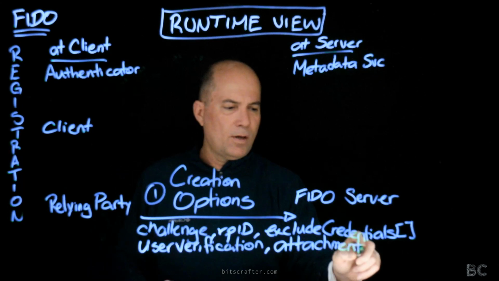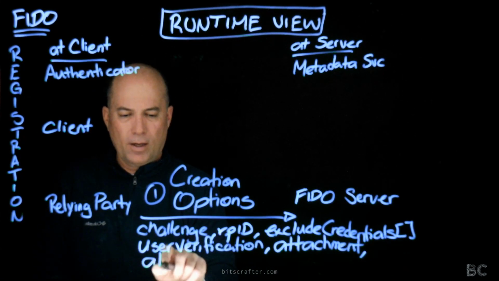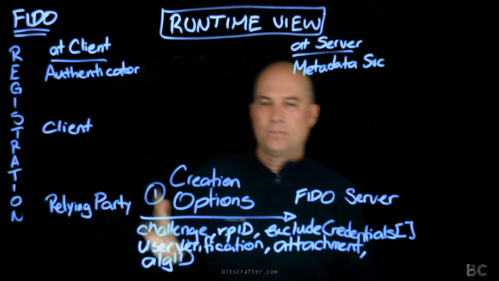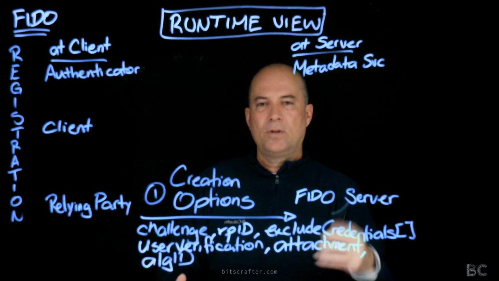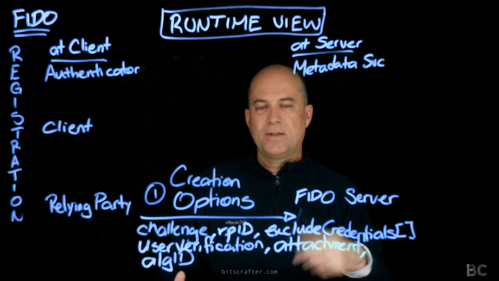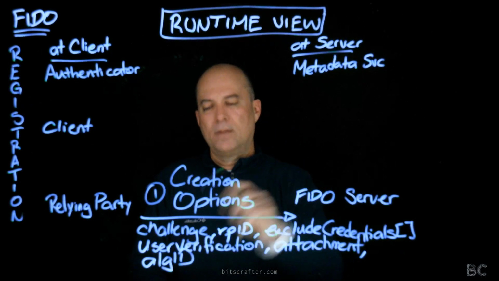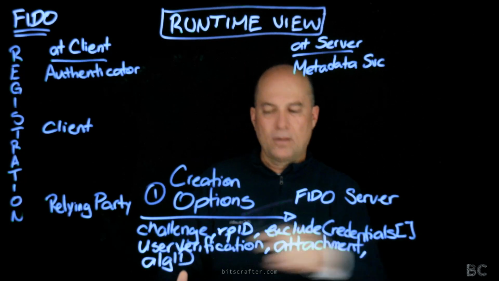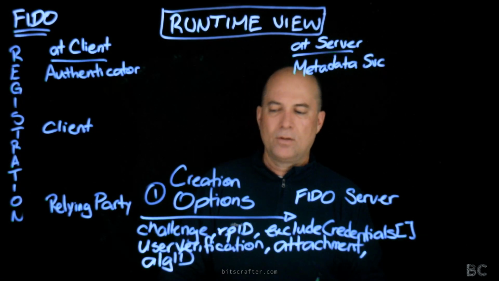Another parameter is the algorithm ID. So at the end, the FIDO credential is a public and private key, and during the authentication it is used to create a digital signature, and this algorithm refers to what is the algorithm that the RP wants to be used during the authentication.